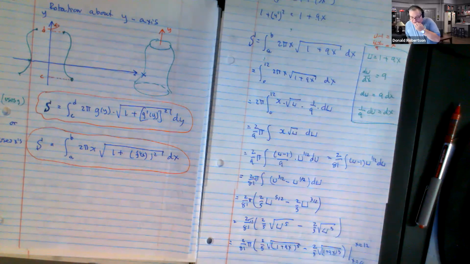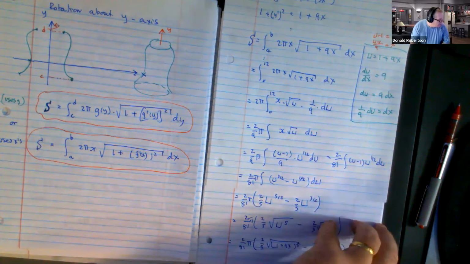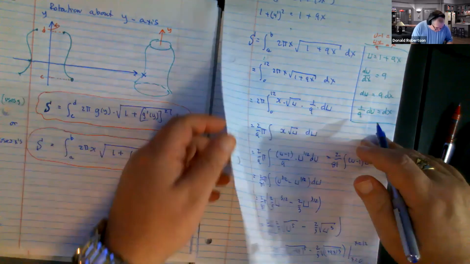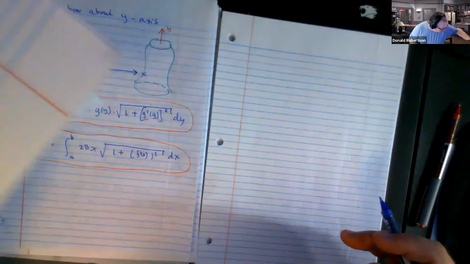Rotate about the x, rotate about the y. Use a formula with nothing but x's in it, use a formula with nothing but y's in it. Of those 4 combinations, the math that you end up doing is very similar. You end up doing the same kind of things, sometimes in x's, sometimes in y's. But there is a good overlap of skills.